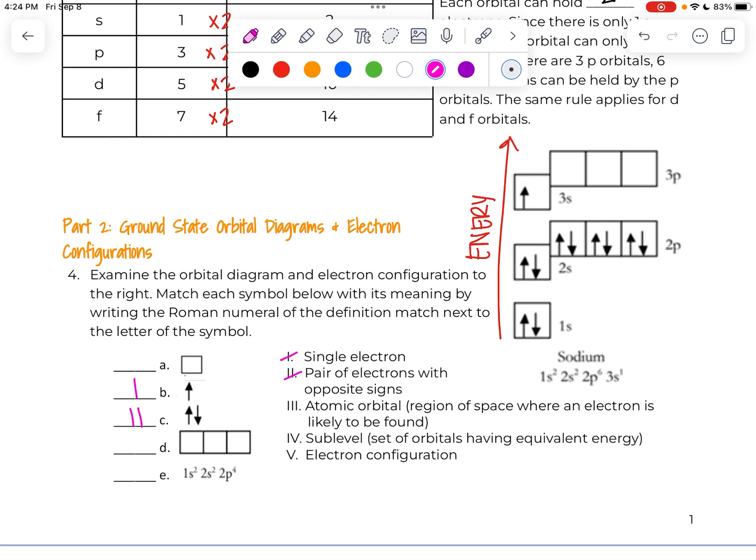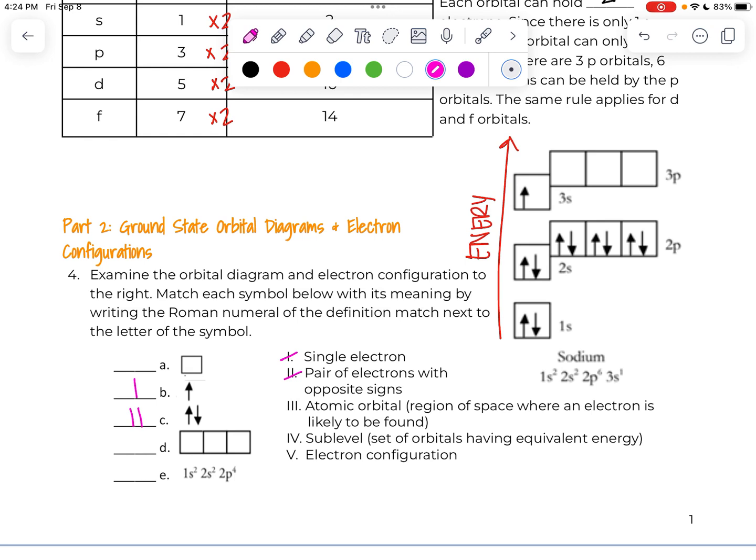Okay, my next ones. I've got a singular box and I've got 3 boxes that are all put together. So my options here are an atomic orbital, which is a region of space where an electron is likely to be found, a sublevel, a set of orbitals having equivalent energy, or an electron configuration.